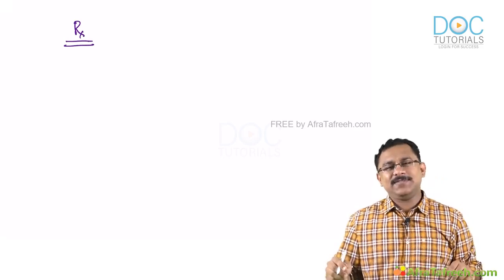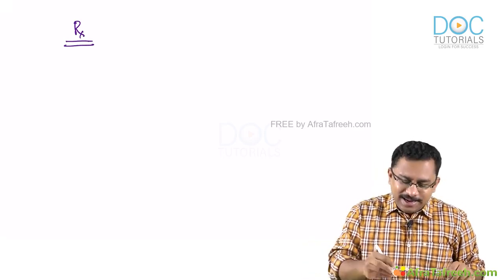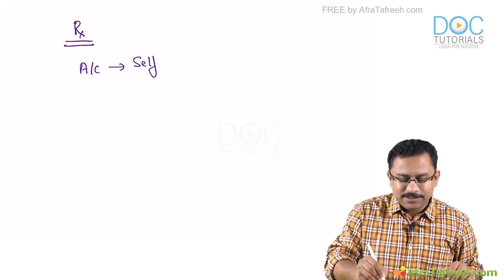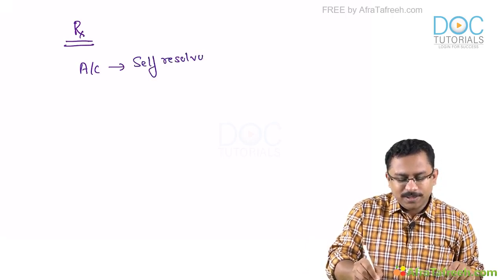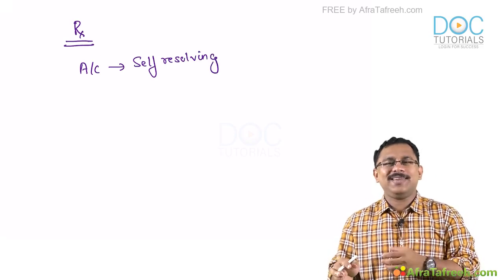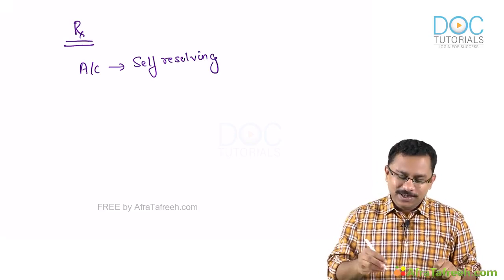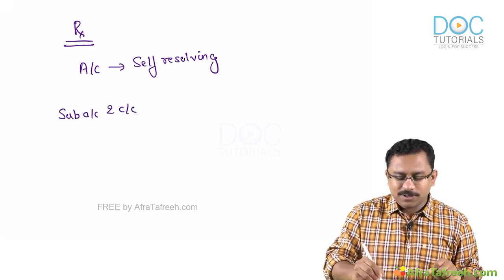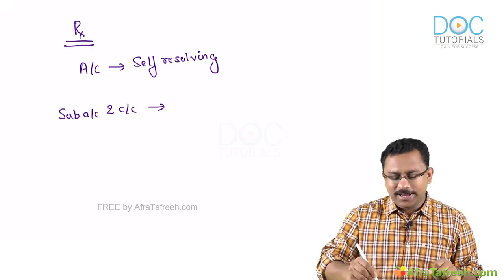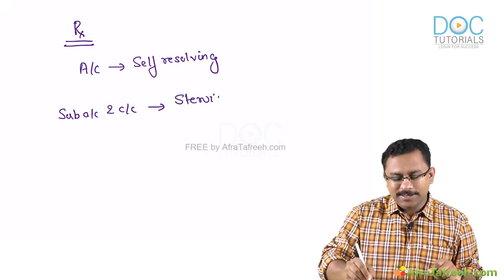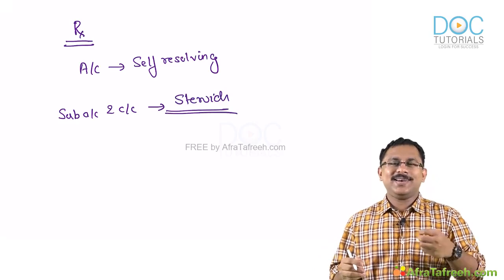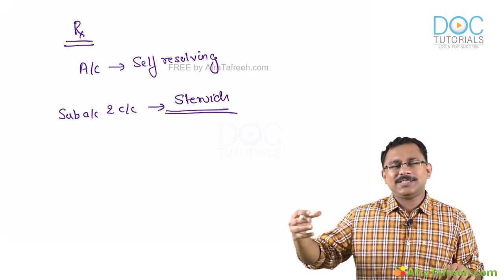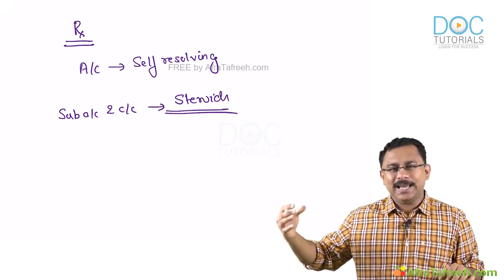Treatment of hypersensitivity pneumonitis. The acute hypersensitivity pneumonitis is usually a self-resolving one that I told you, and so there is no role for any pharmacological management, but in subacute and chronic forms you can go for steroids. You can put the patient on oral steroids, maintain the patient on steroids and subsequently try tapering the dose.